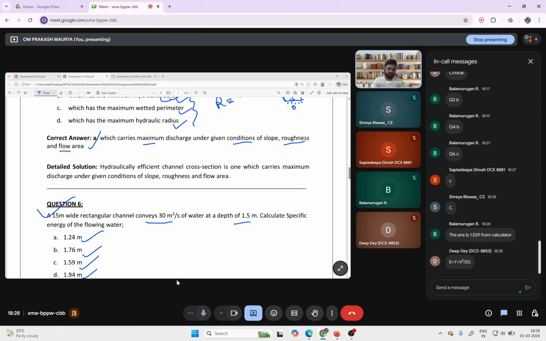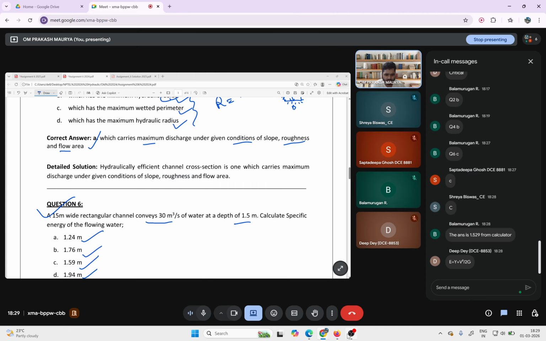So Deep is telling y plus v square by 2g. We'll go with this only because we are going to calculate the specific energy. So everyone is telling option C.